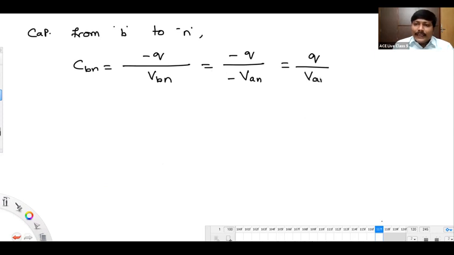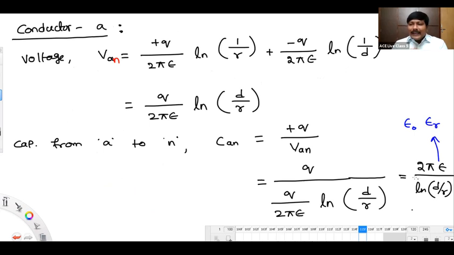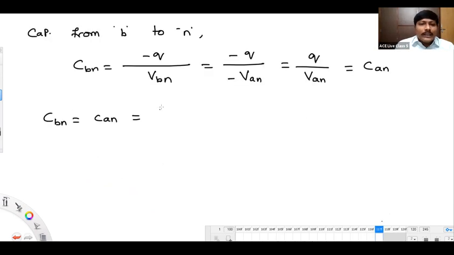You will get Q by VAN, which is nothing but the capacitance from A to neutral. So finally, the capacitance from B to neutral and from A to neutral are equal, equal to 2 pi epsilon by ln of d by r. That epsilon is epsilon naught into epsilon r, so you get 2 pi epsilon naught epsilon r by the natural logarithm of d by small r.